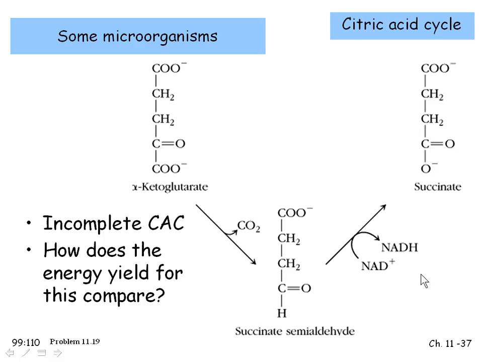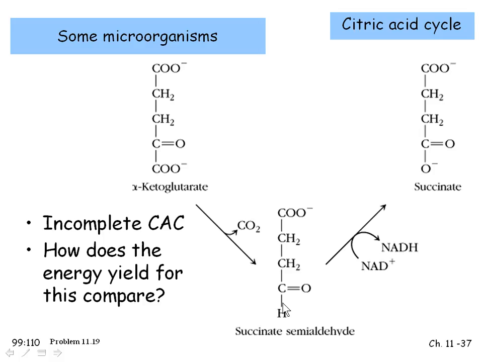There's some other microorganisms that sort of are halfway there. They have an imperfect citric acid cycle, so to speak. And for those microorganisms, they go from alpha-ketoglutarate to a succinate semialdehyde, and then to succinate. And that reaction involves a decarboxylation to get from the 5-carbon alpha-ketoglutarate to the 4-carbon succinate.